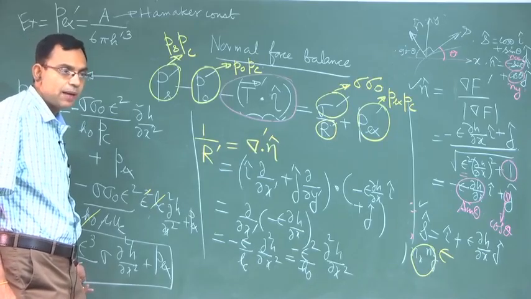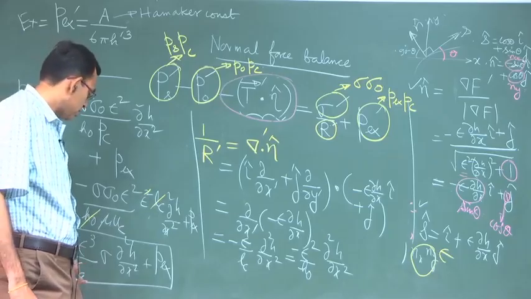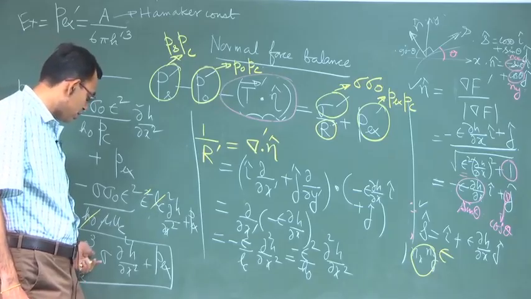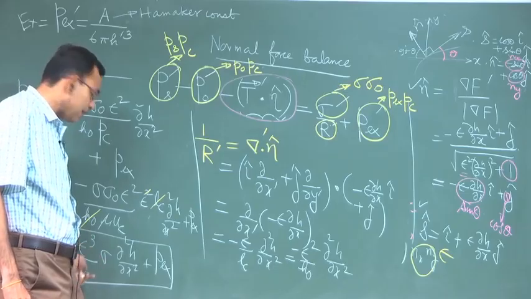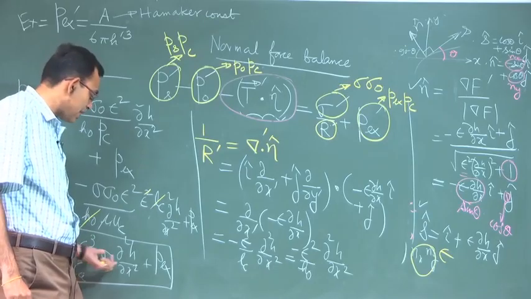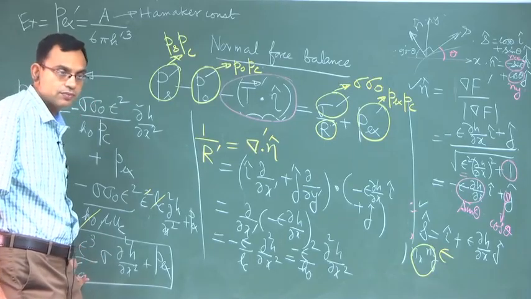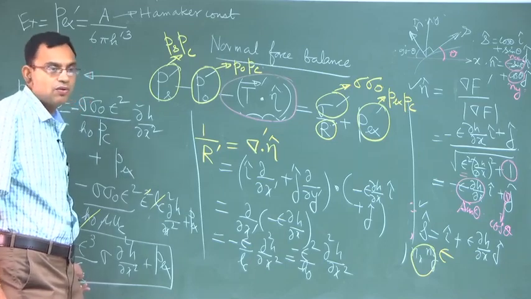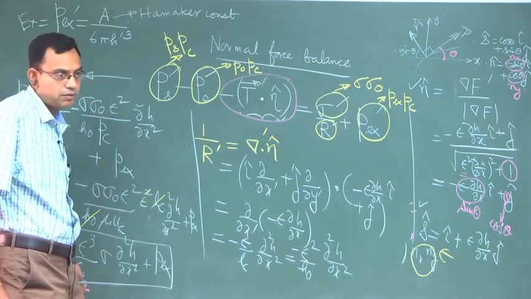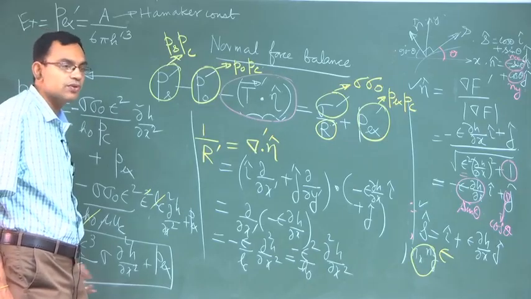So, there is a capillary number dependence on top of it. Although this epsilon cube is retained, it is linked with the capillary number. So, the strength of this term will be governed by the capillary number, right. This is not of the order of 1, 100, or 0.1, we do not know what it is.